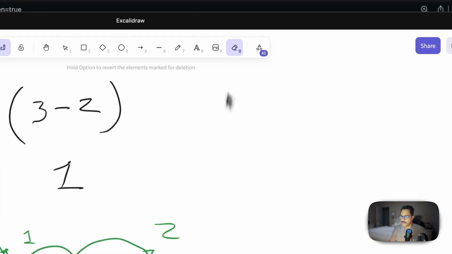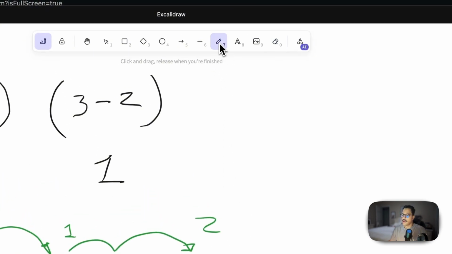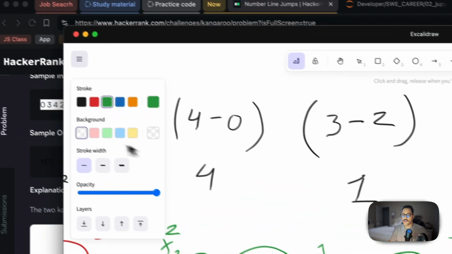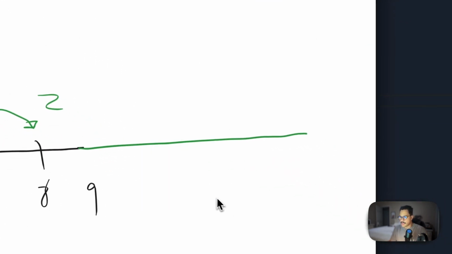I should have probably used one of those lines. Let me see if I can delete these without deleting. Just that. There we go. We have a green line, but anyways, probably can change it here. Nope. All right, just bear with me, guys. I'm still learning this thing.